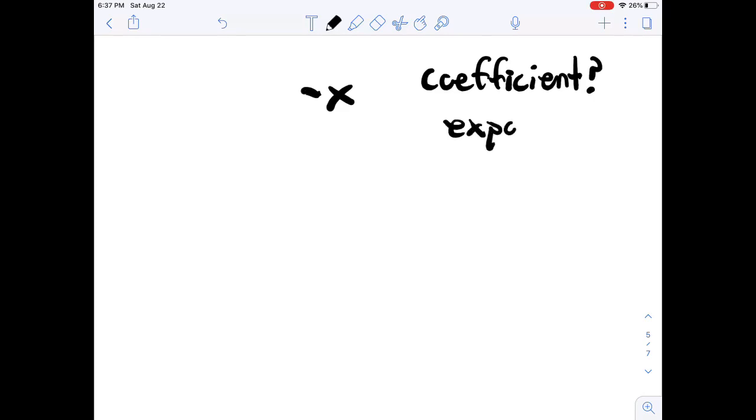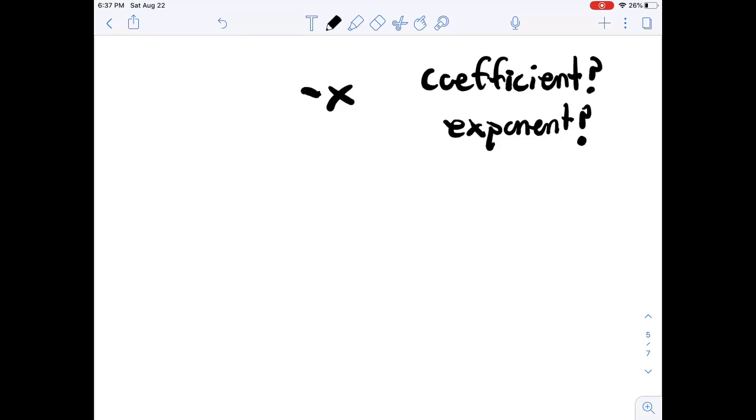I'm going to show you one last example here. Negative x. So in this case, we are kind of dealing with the opposite situation. We have our variable, but we don't know our coefficient, nor the exponent on the variable x. So again, the coefficient and the exponent are there, but it's just not written down.